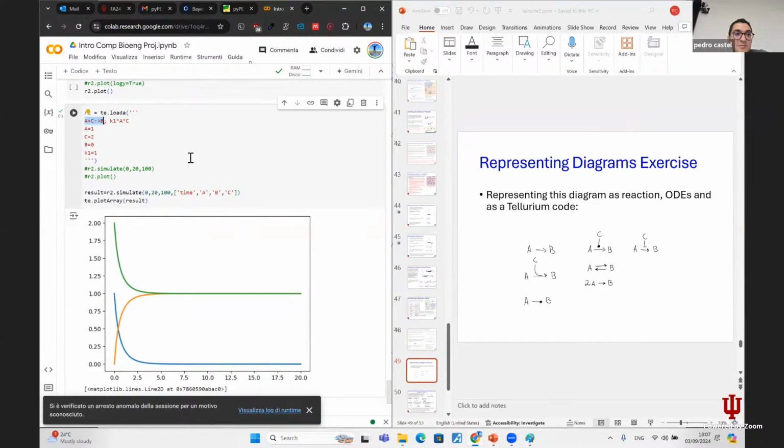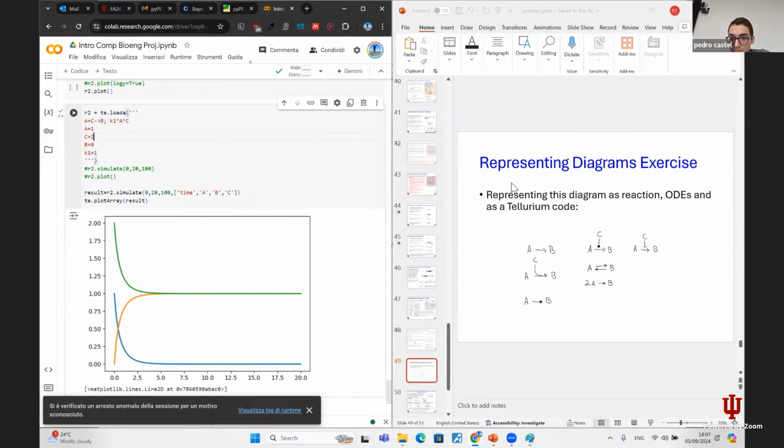So Tellurium handles this reaction very well. It transforms them into 3 ODEs and solves them. I implemented this little reaction in 5 seconds. It would probably take 5 minutes if I had to write all of these.